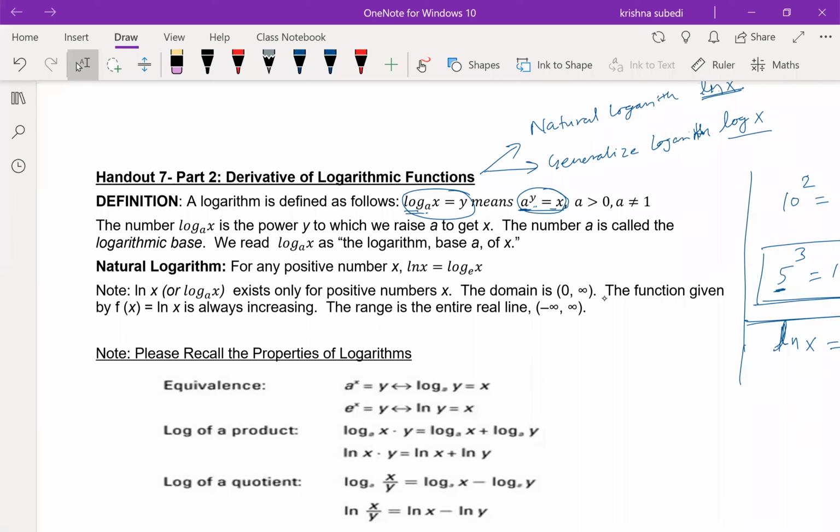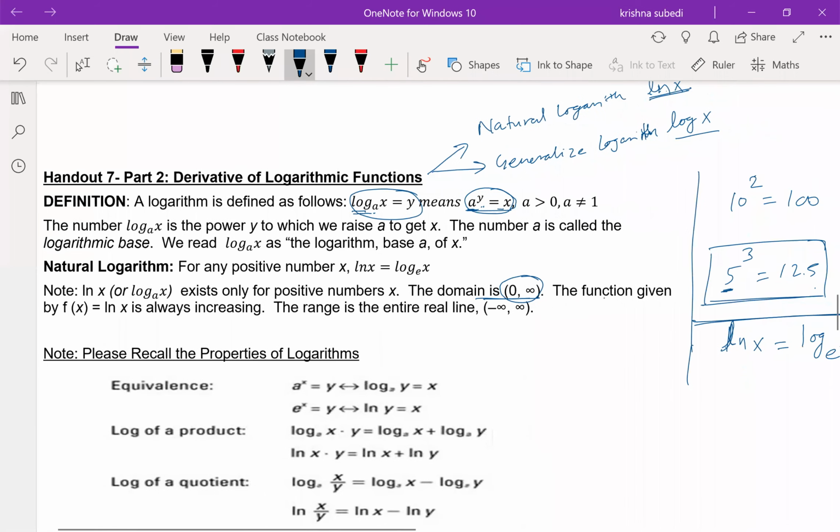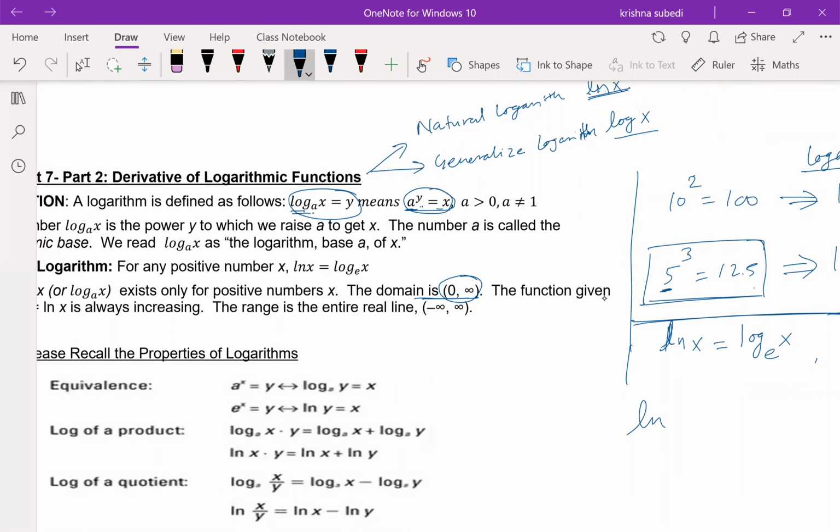Couple of things. The domain of the logarithmic function is always positive numbers. So for example, if you write ln 0, it is undefined. You can try this by putting it in your calculator. If you put ln 0, or log 0, still undefined.